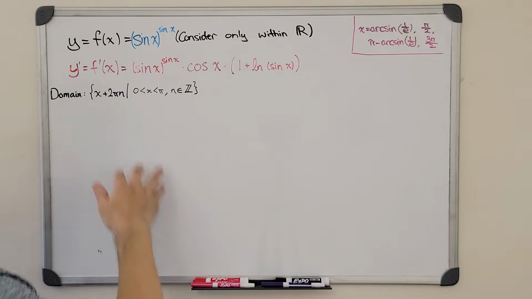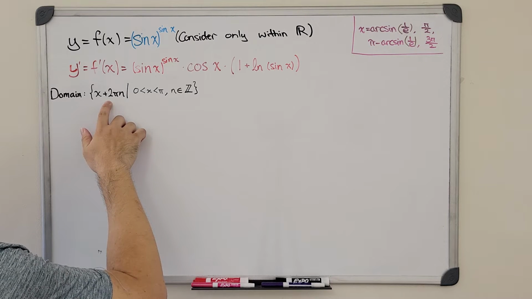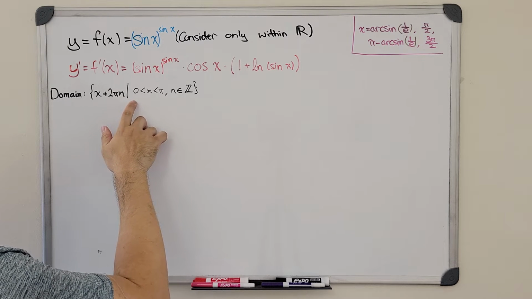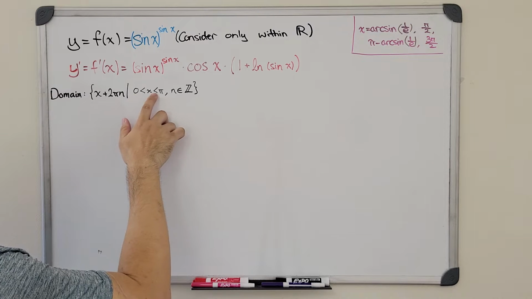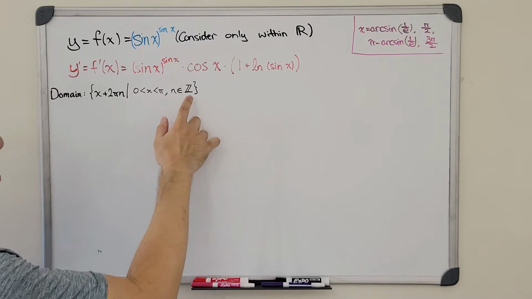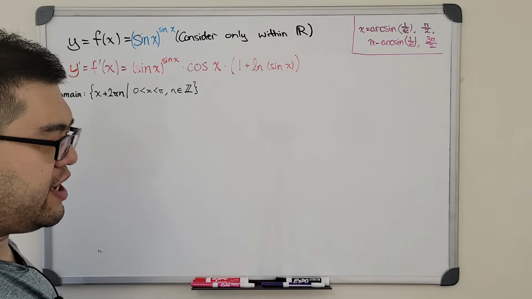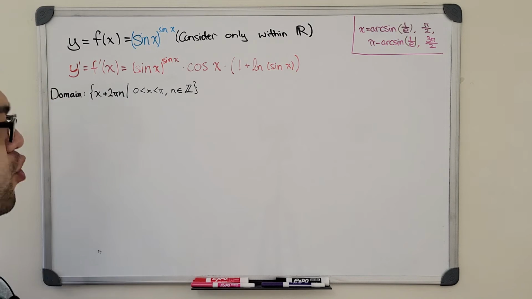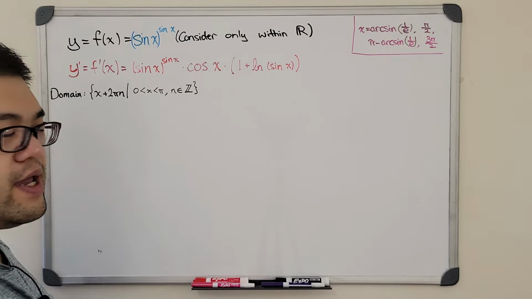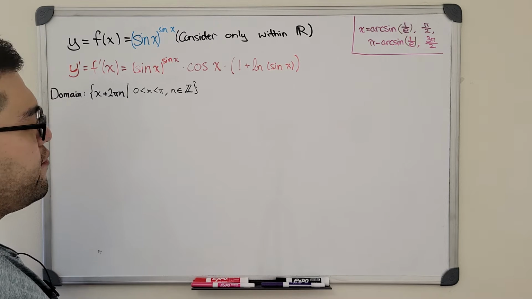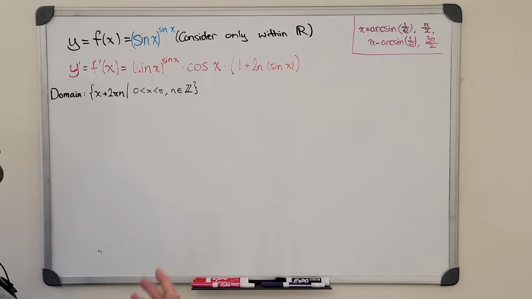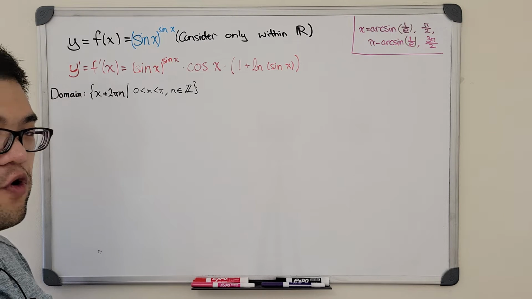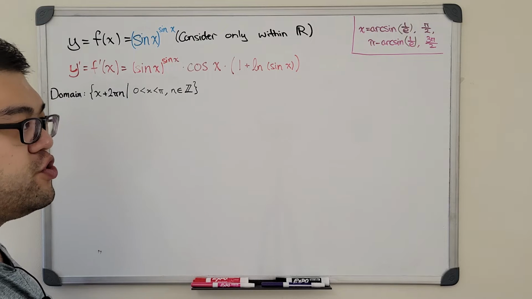that satisfy the conditions x plus 2 pi n, such that x is lying between 0 and pi, where n is just any integer. So this is equivalent to saying that we have the open interval from 0 to pi, and then union with the shift of such an interval by multiple copies of 2 pi.